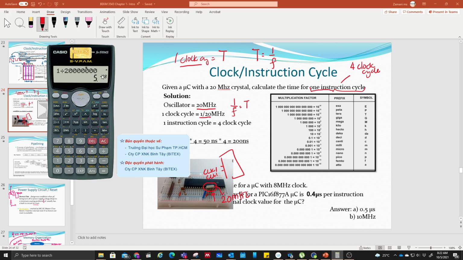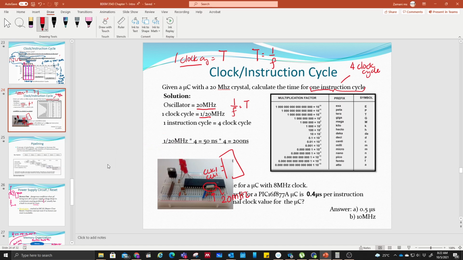So this is going to be a metric prefix. If you cannot remember that, this is the table that we are going to use for this particular prefix. So for example here, this is 5 times 10 to the negative 8. There's no negative 8 over here, but it doesn't matter at the moment. Now you are going to calculate the instruction cycle, which is 4 of them.